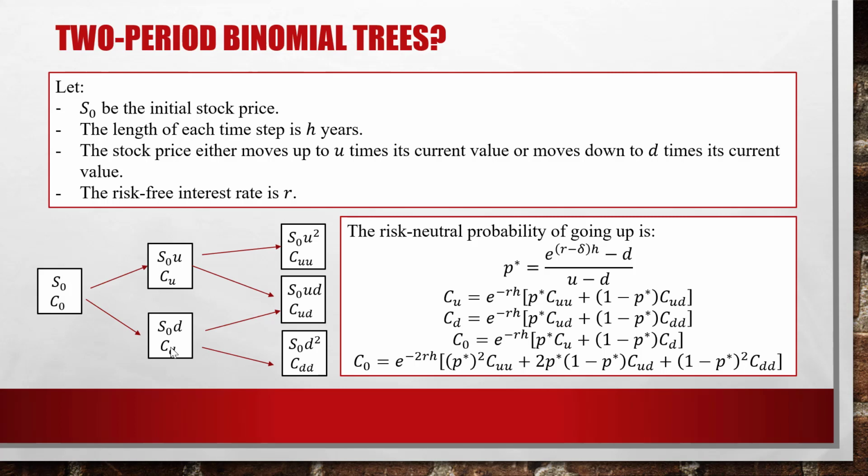Then Cd is for the case the stock price moves down. So Cd is e to the minus rh times p star Cud plus 1 minus p star times Cdd. And the initial price C0 is e to the minus rh times p star Cu plus 1 minus p star Cd.